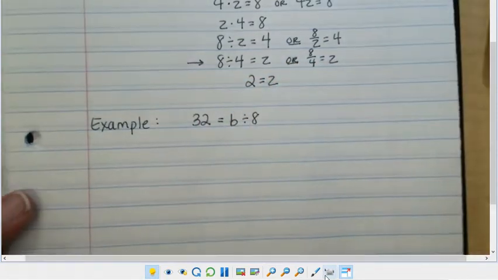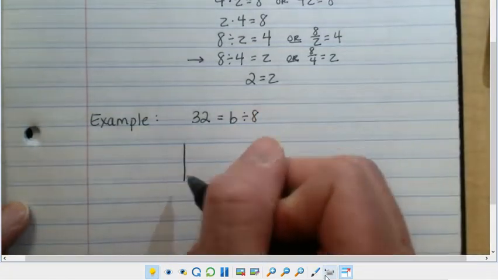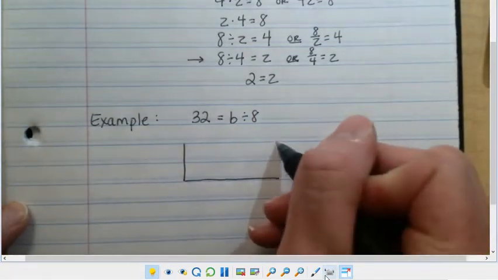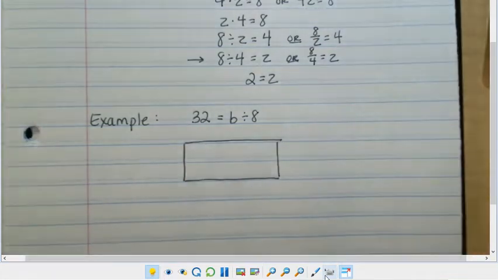Again, I'm using small numbers, so I don't have to draw my each box. So I have 32 equals b divided by 8.